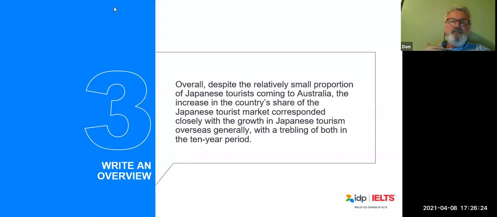Despite the relatively small proportion of Japanese tourists coming to Australia, the increase in the country's share of the Japanese tourist market corresponded closely with the growth in Japanese tourism overseas generally. You could say full stop and then make us another sentence. It trebled in the 10-year period.